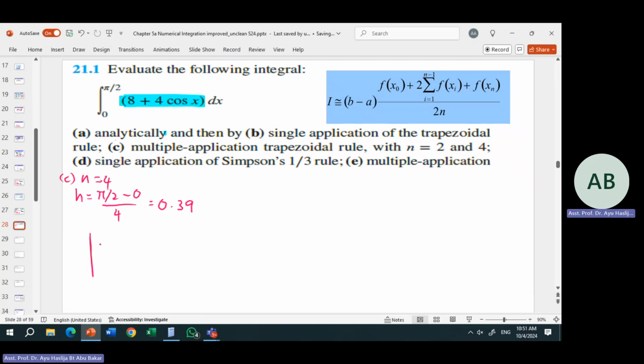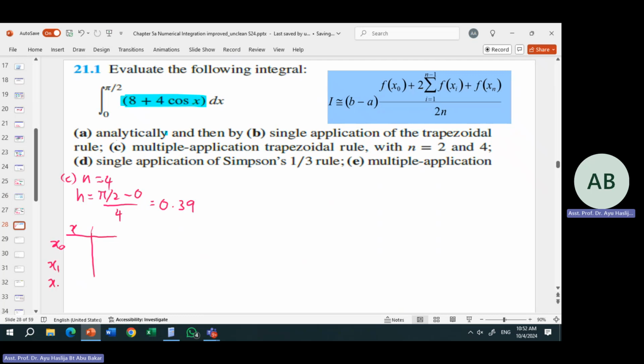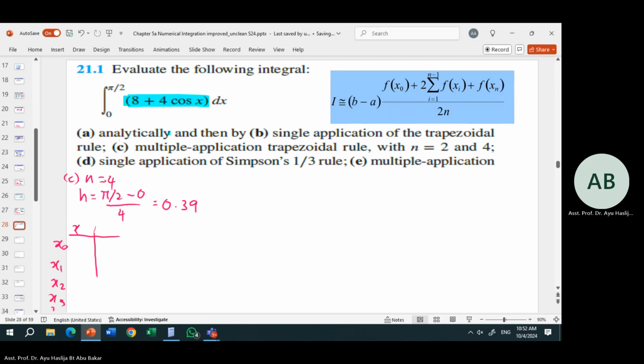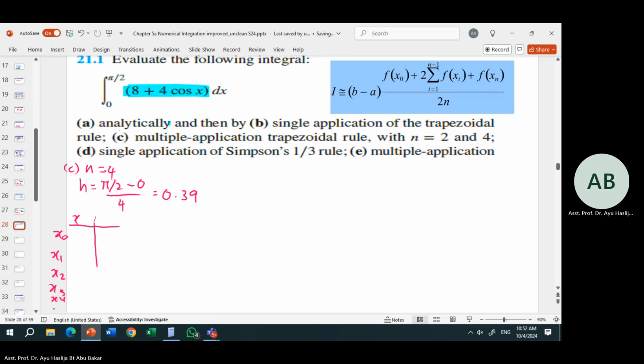Then from there, list down your points. You must have 5 points. x0 is your a, which is 0. x5 is your b. Not x5, x4 only, until x4. 5 points.